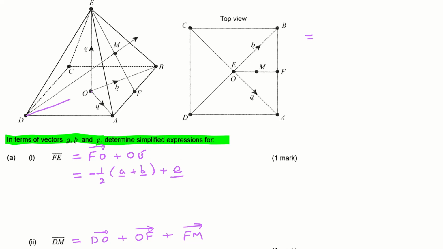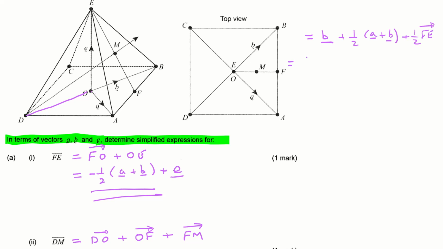Now DO is just going to be B. OF is, as we discussed here, a half A plus B. And then F to M is 1/2 of FE, which is what we got as the answer to part 1.